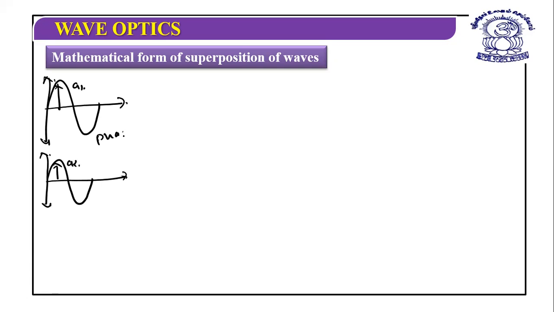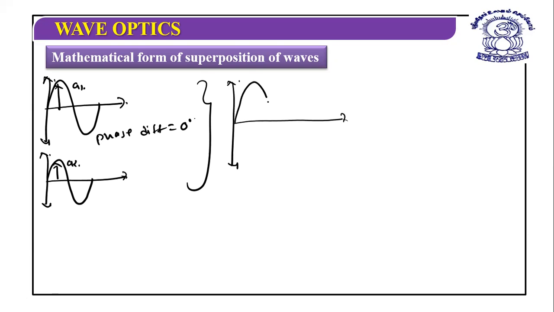The phase difference between them is 0 degrees. The resultant wave will have amplitude A equals A1 plus A2. Here the amplitude of the resultant wave is given actually by vector addition.